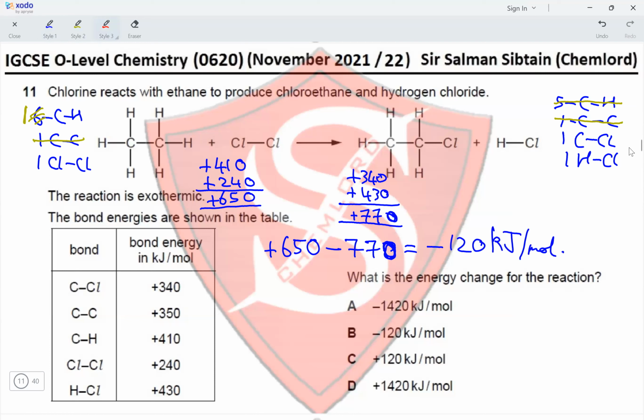Therefore, the correct option for this question is option B. Option C and D would have been automatically eliminated because they were showing a positive sign for the enthalpy change and the question itself stated that this is an exothermic reaction. So we had a choice between options A and B. So the calculated value is present in option B.